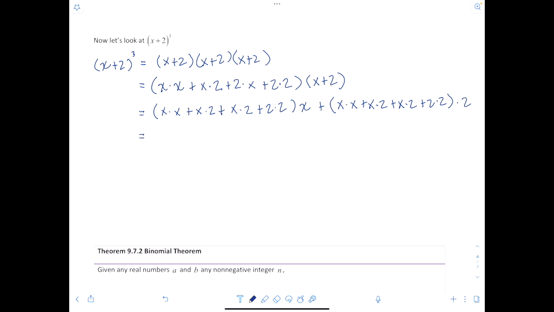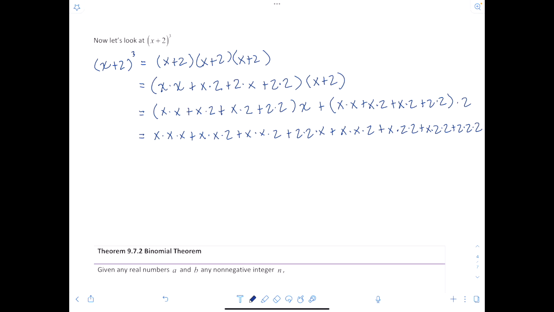So now we'll get x times x times x, right? Plus x times x times 2 plus x times 2 times x plus 2 times 2 times x, and then plus x times x times 2 plus x times 2 times 2 plus x times 2 times 2 plus 2 times 2 times 2. Sorry, that was kind of messy.